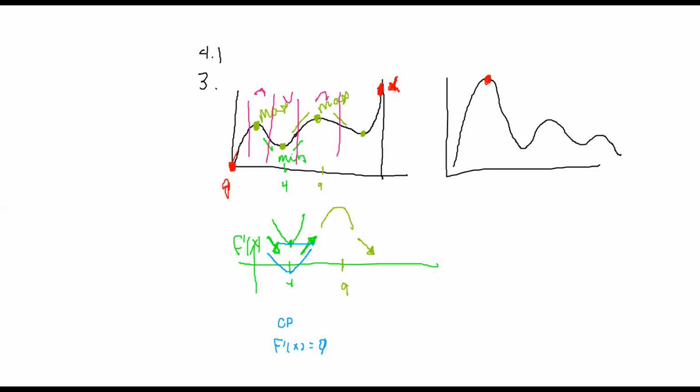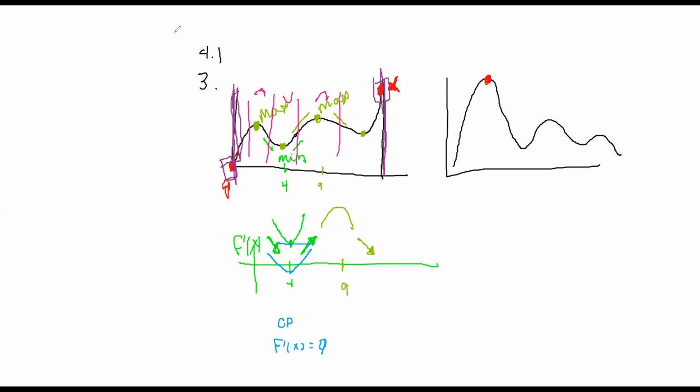And that is because I drew these lines. I said that we're only analyzing the function from here to here. And so I had to evaluate the end points of this function.